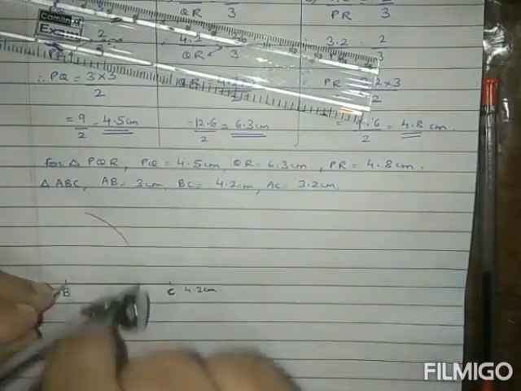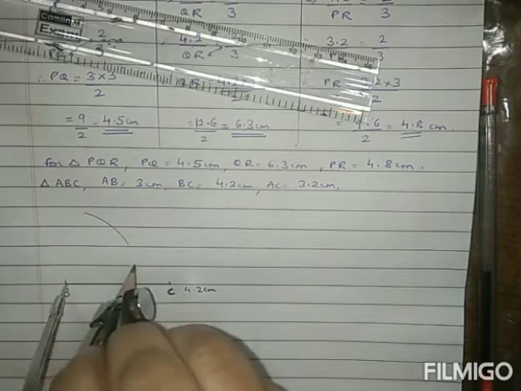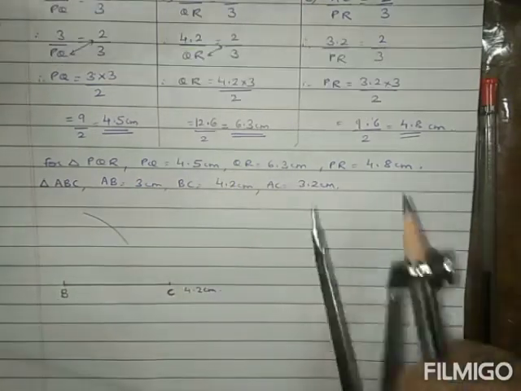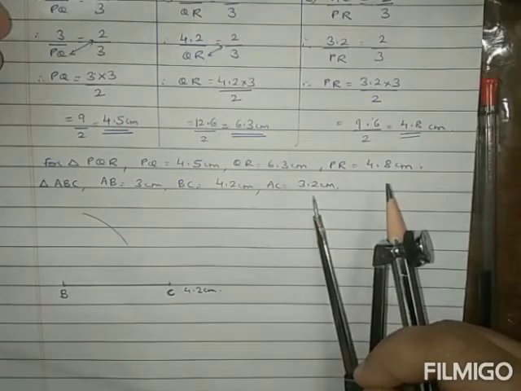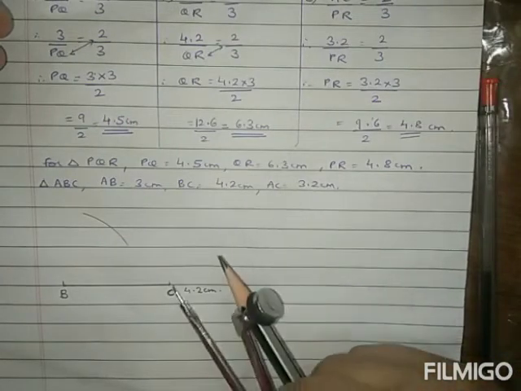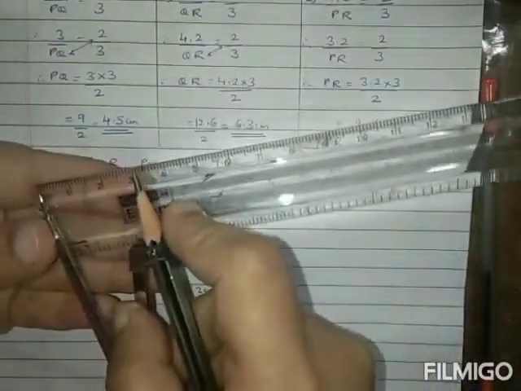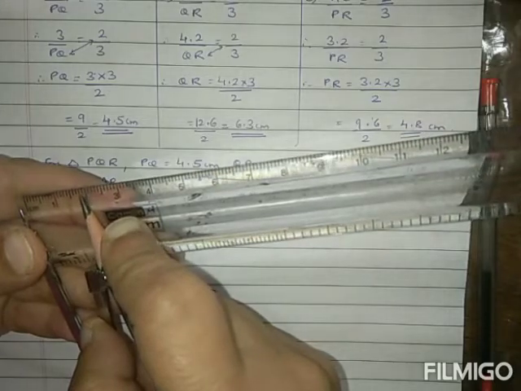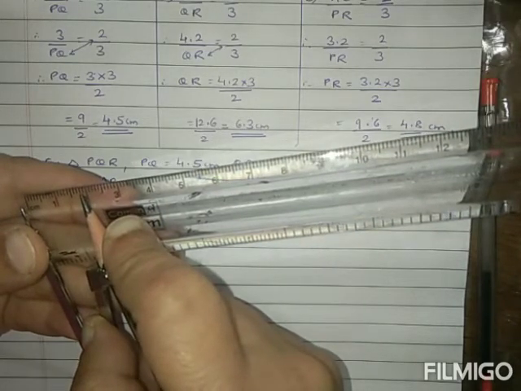Do not overdraw. Okay, just one single arc. So this is 3 cm and AC is 3.2. That means CA will be 3.2.